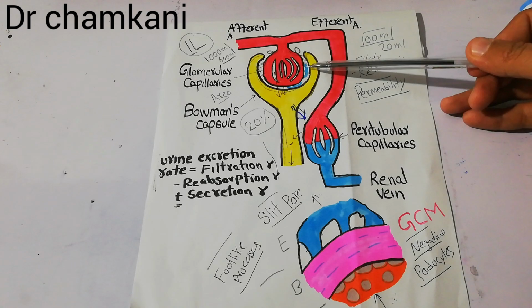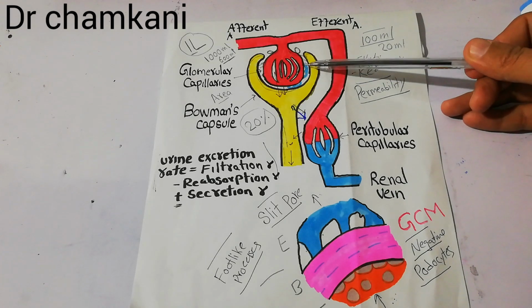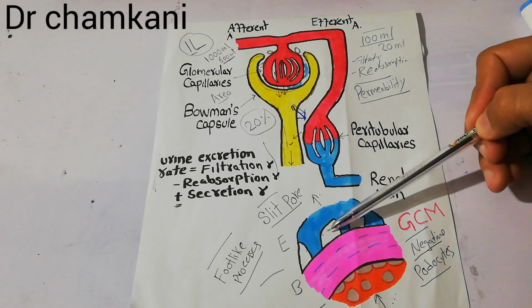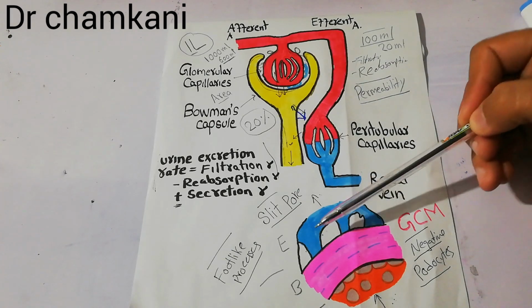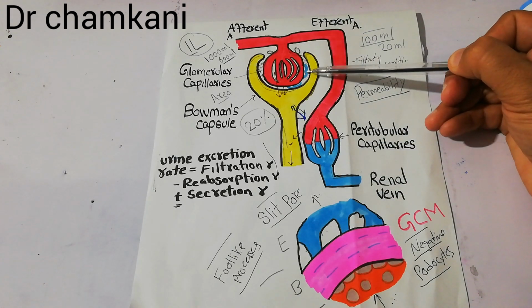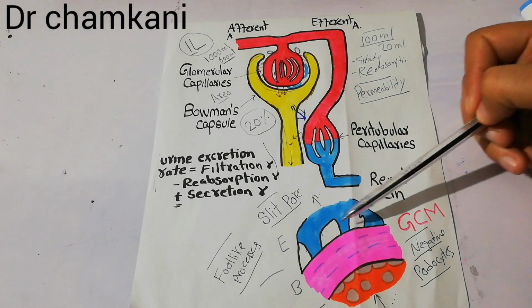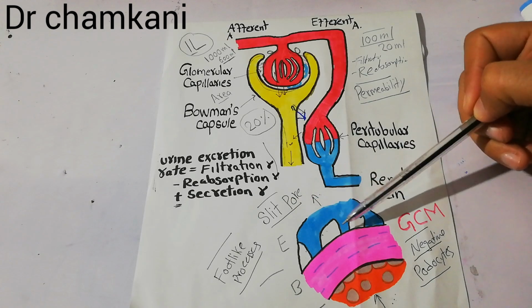The epithelium is made of podocytes, which have foot-like processes or limbs that are not in continuity, and there is some space between the foot-like processes or the limbs of these cells. They are present on top of the basement membrane, and these spaces between the foot-like processes are known as slit pores. They also have negative charge.